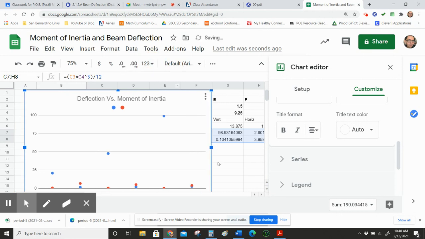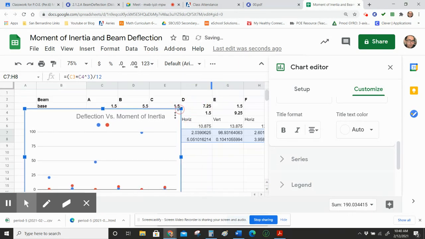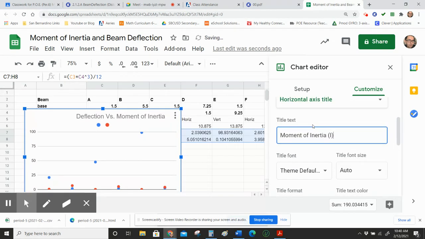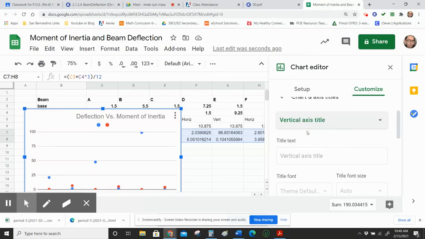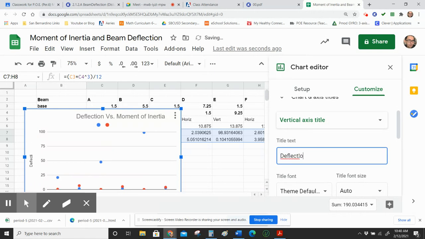Let's see if it does it for the vertical. The vertical should be deflection. It's doing the vertical one. Let me go back to the horizontal one. This one should be moment of inertia.